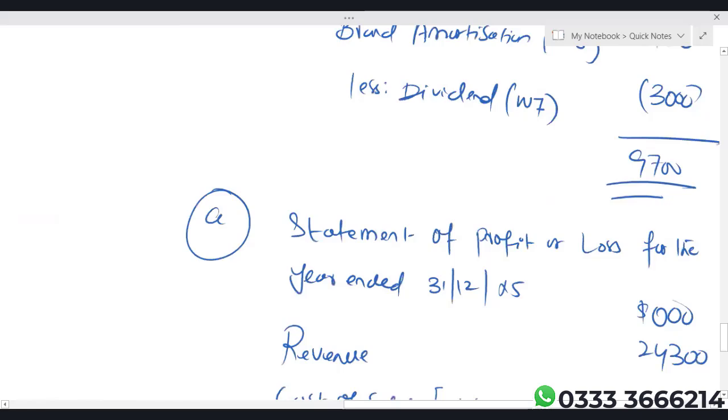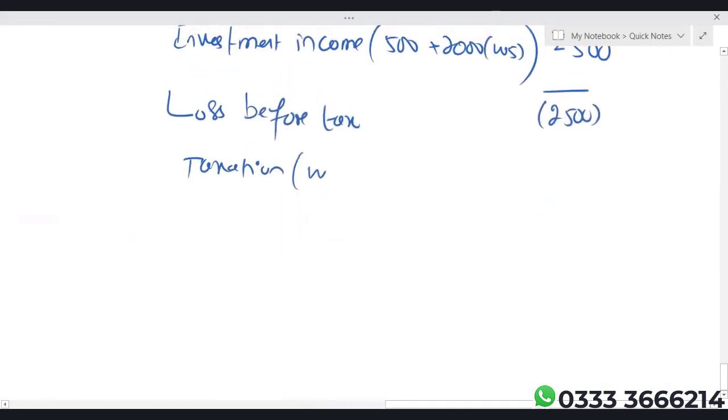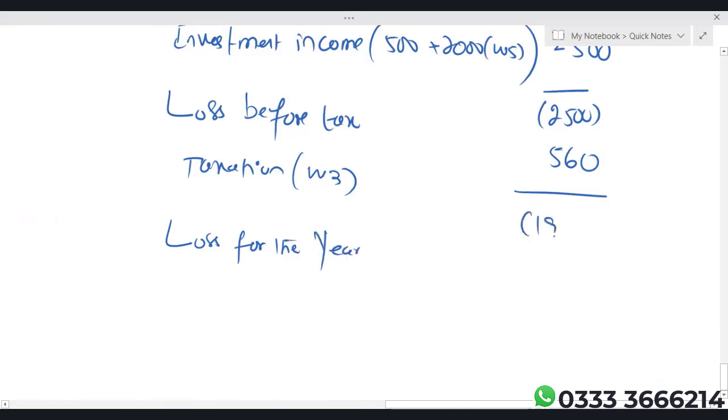It's a net credit. So the loss for the year is $1,940.